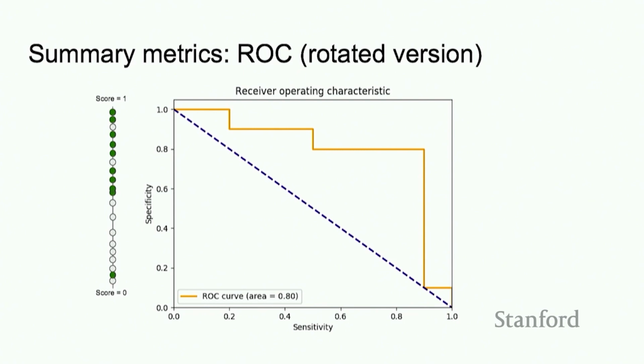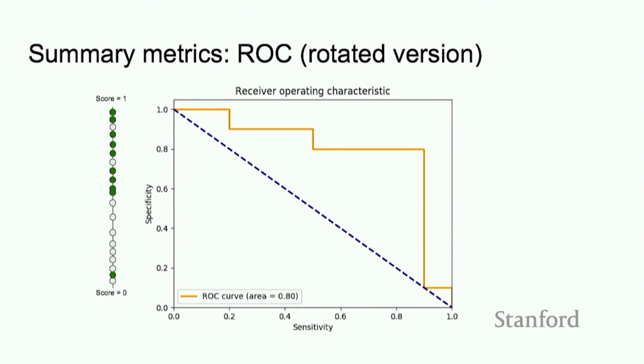The ROC curve gives you the trade-off between sensitivity and specificity as we scan the threshold. For example, when you set the threshold all the way at the top, at 1.0, your recall, your sensitivity, will be 0.